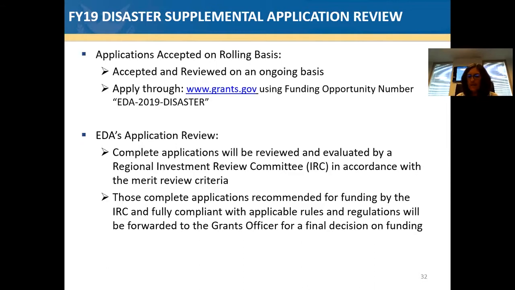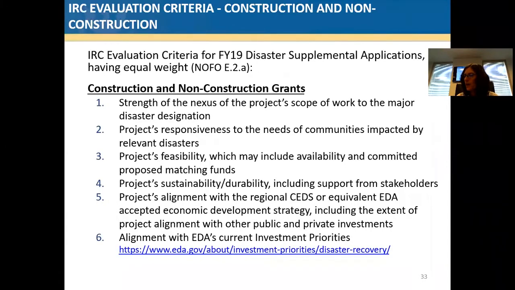And on the next page, I am going to show you the criteria for review. I ask you to pay close attention to the 12 criteria listed on these, the next two slides, against which your application will be reviewed. They're actually similar to last year's disaster supplemental criteria as listed in our NOFO. And several of these criteria we have already reviewed today.